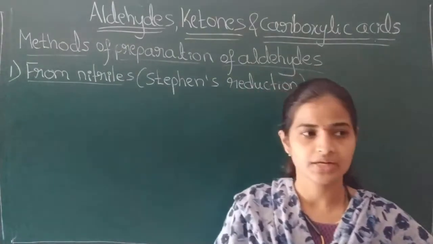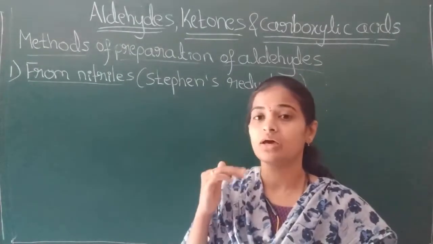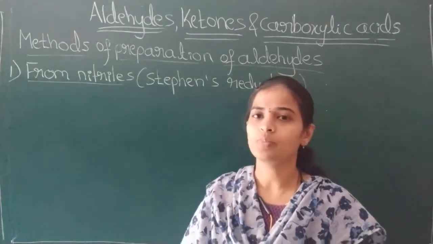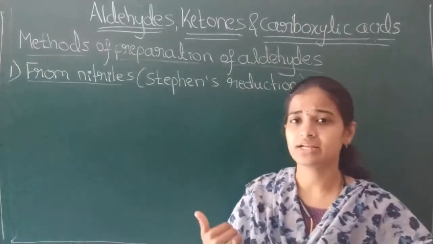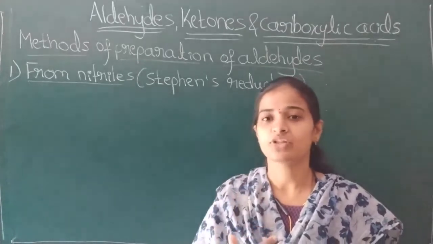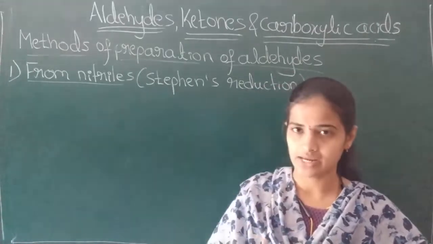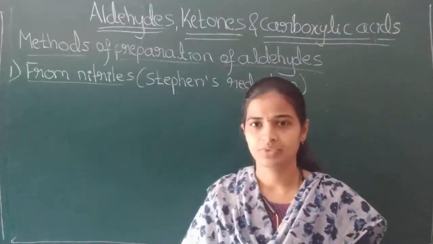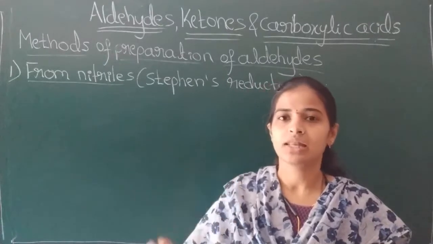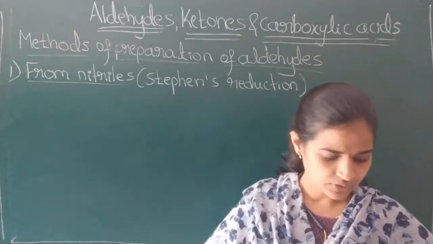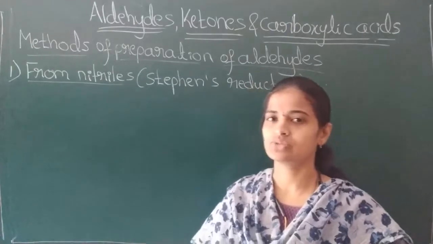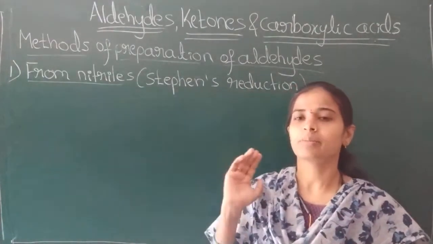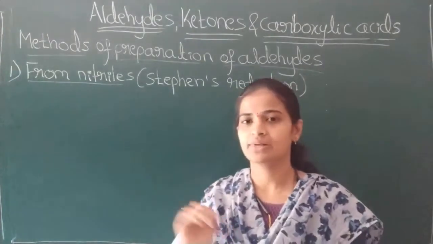About this we have also studied. We also discussed the nomenclature of aldehydes and ketones, the nature of the carbonyl group, and two common methods for the preparation of aldehydes as well as ketones, that is reductive ozonolysis of alkenes and hydration of alkynes. Those two methods were for the preparation of both aldehydes and ketones.